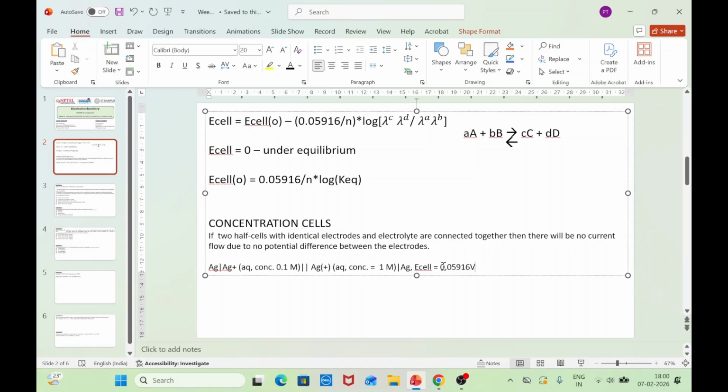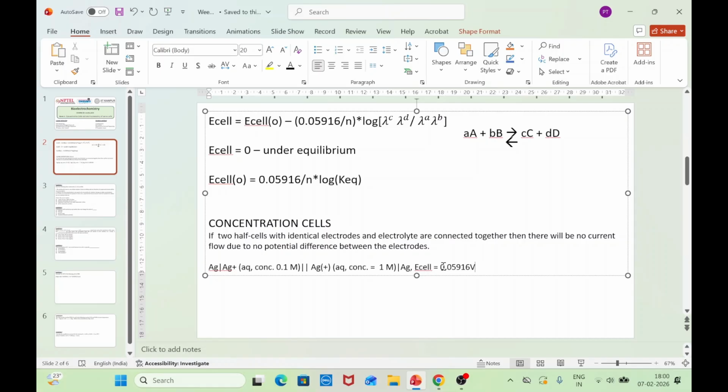So only the difference in the concentration of the electrolyte is going to generate current, which is going to get transferred in the form of electrical signals. So these concentration cells find relevance in biological applications.